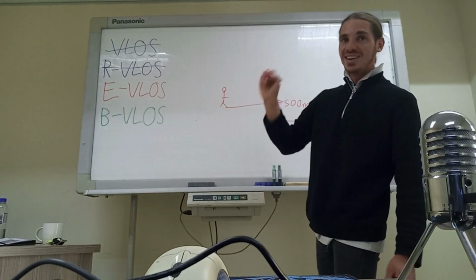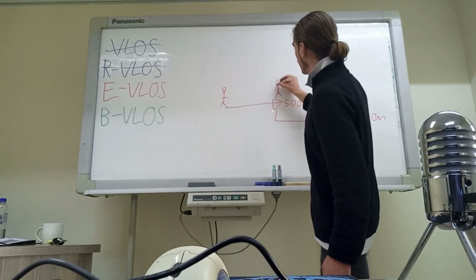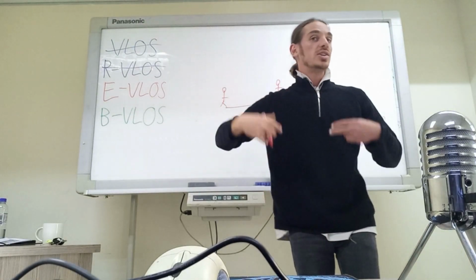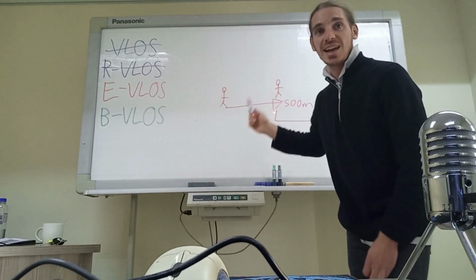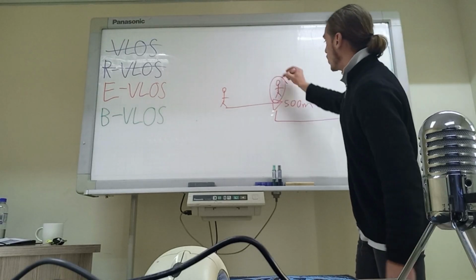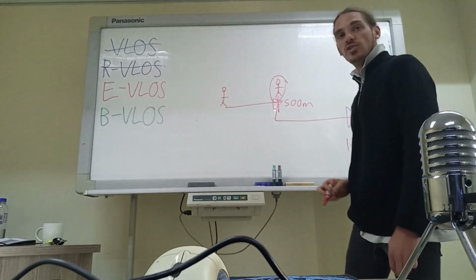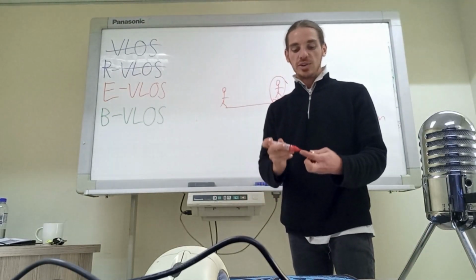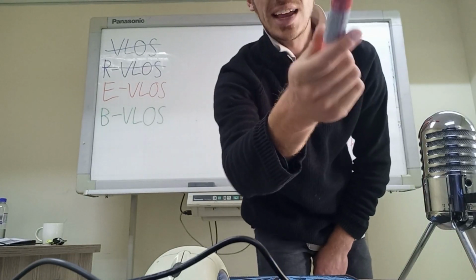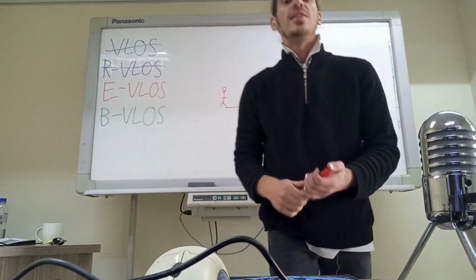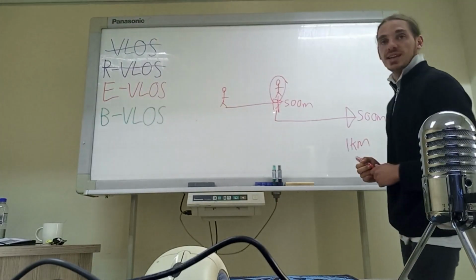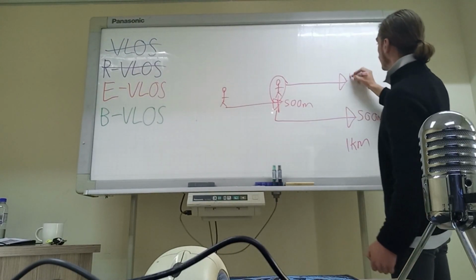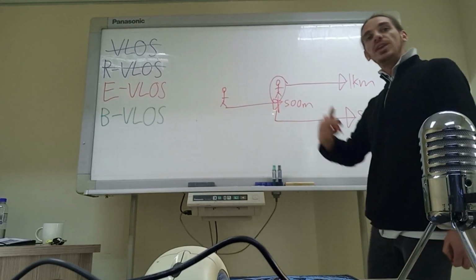I'm going to extend it by putting my observer, spotter, co-pilot, whatever you want to call it, the second in command, right over here on my 500 meter mark. If they are on my 500 meter mark and I am approved for an extended visual line of sight flight, then I'm allowed to now fly my observers 500 meters as well, which then makes it a full 1 kilometer away from me.